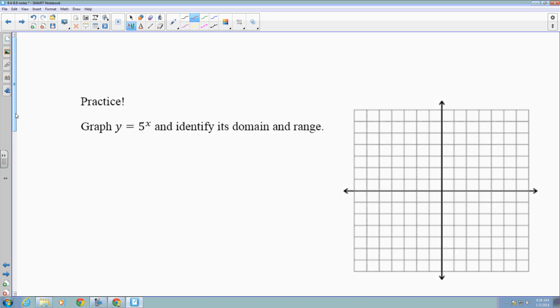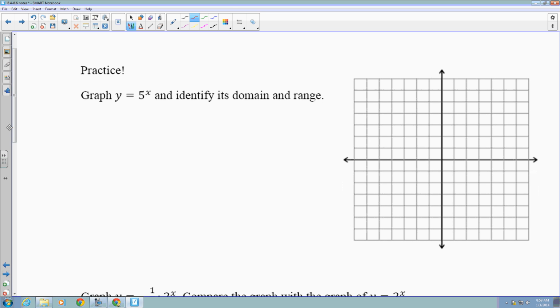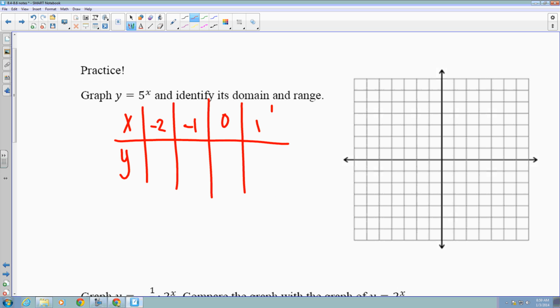Okay, let's do a couple practice problems. Graph 5 to the x. It's 1/25, 1/5, 1, 5, and 25.